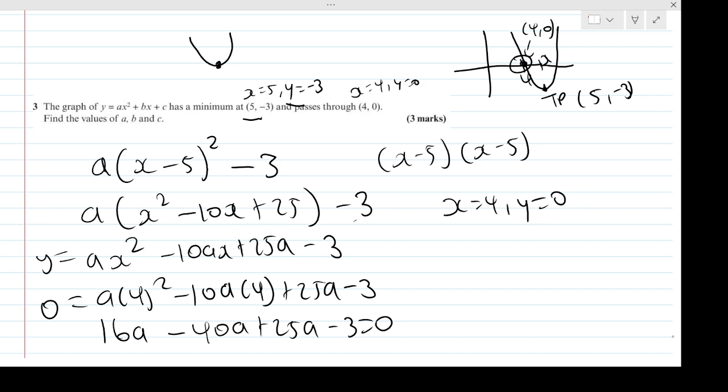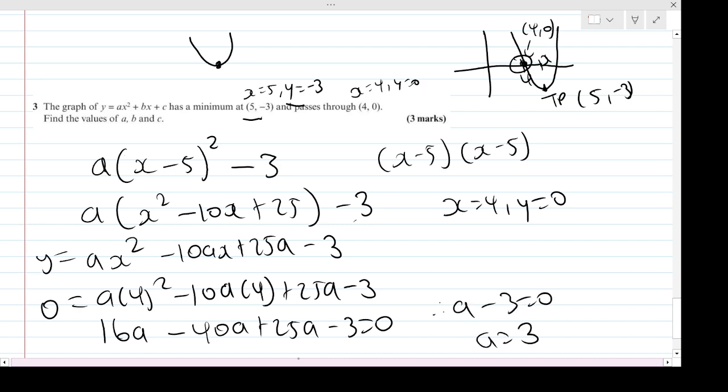Wow, is that not an equation I could solve for a quite nicely? Because then I can bring all the a's together, so I have 16 a's minus 40 lots of a's and 25 lots of a's. I just get a, that goes to 1 actually. So we get a minus 3 equals 0, so a has to equal 3.